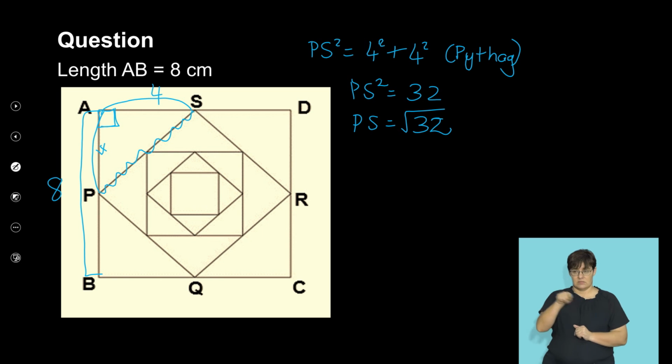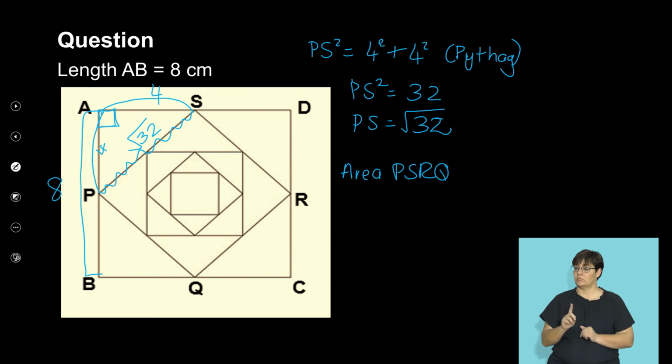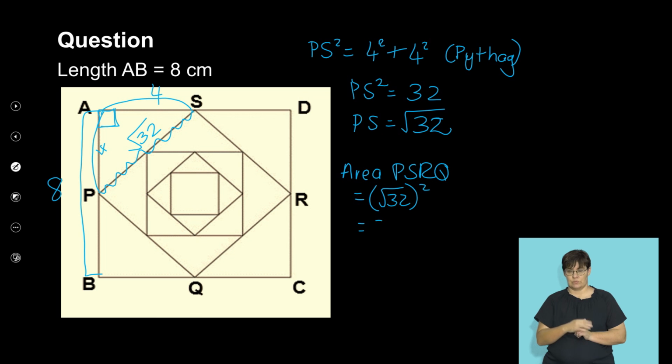So this side itself is the square root of 32, but if I'm finding the area of PSRQ, it's going to be the square root of 32 squared, which means it's just going to be 32 centimeters squared itself.